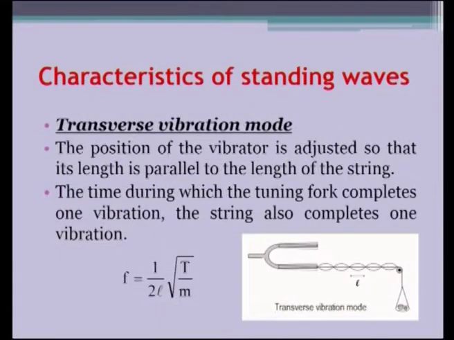How do we find the frequency in the two cases? In the transverse mode, the key point is that in the time during which the tuning fork completes one vibration, the string also completes one vibration. So, the typical formula can be used when the string vibrates along with the vibrating segment.